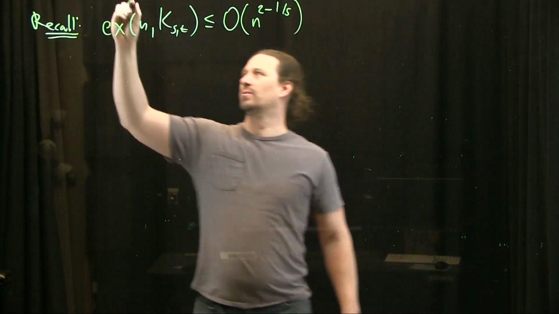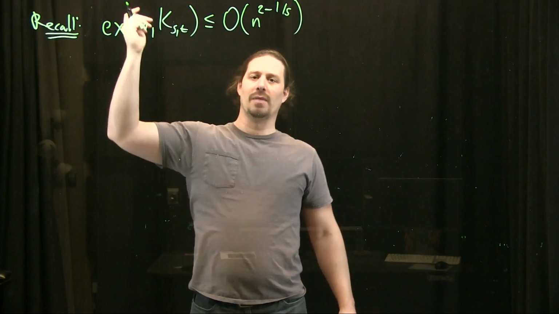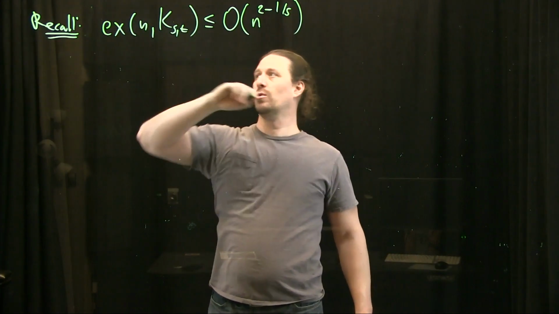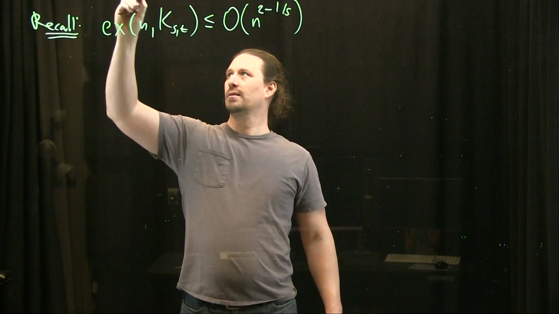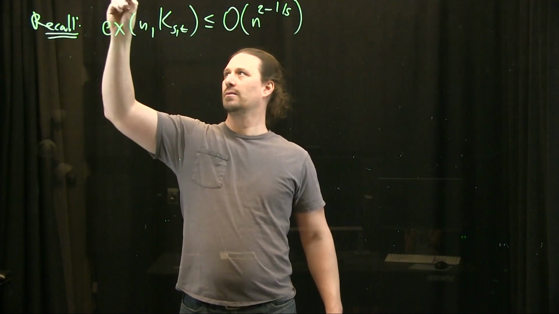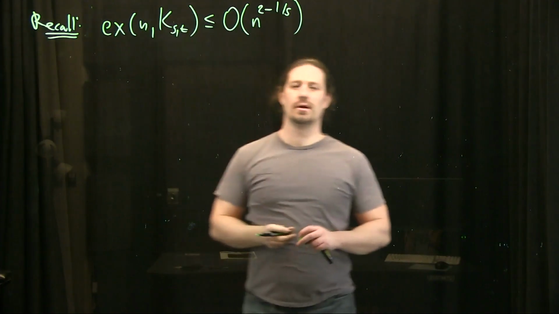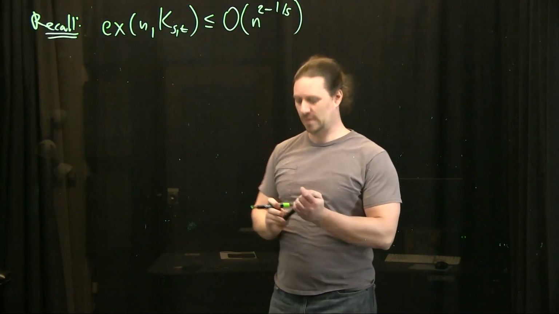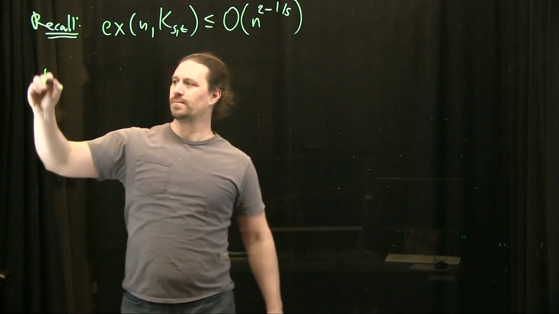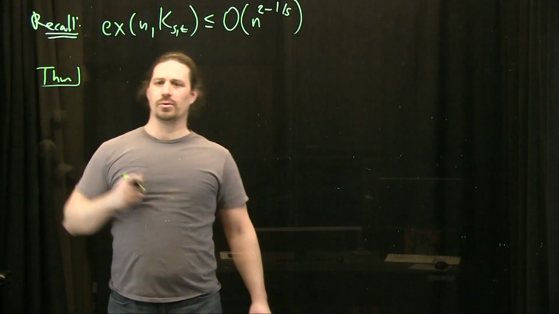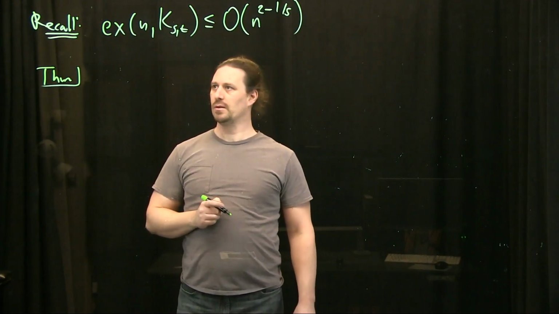It holds for 1 over s and 1 over t, but we're going to say this here. The smaller s is, the better upper bound this gives. And the theorem we're going to prove is a simple lower bound with a probabilistic method proof.